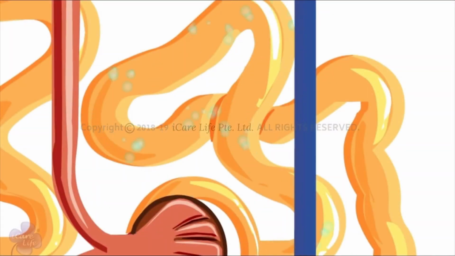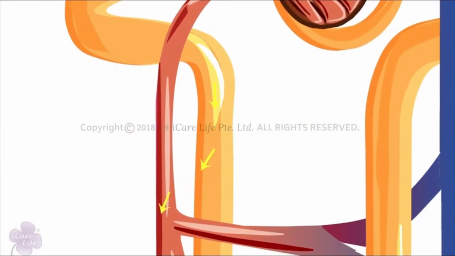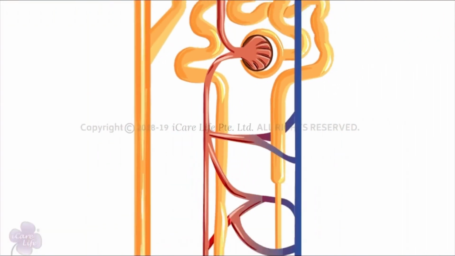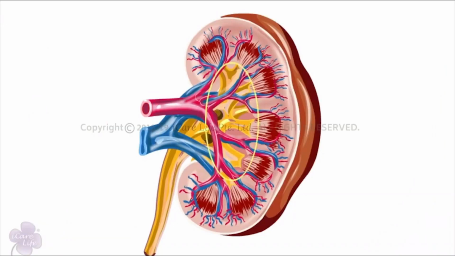The filtered liquid passes to the nephron. Here, substances like glucose, amino acids, sodium, and some water are reabsorbed by the walls of the nephron. The remaining liquid can now be called urine, which flows to the collecting duct and finally to the cavity.